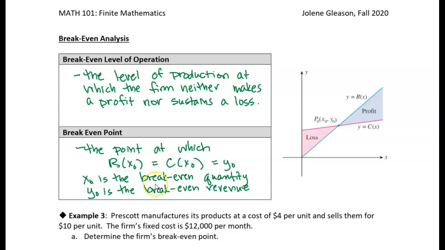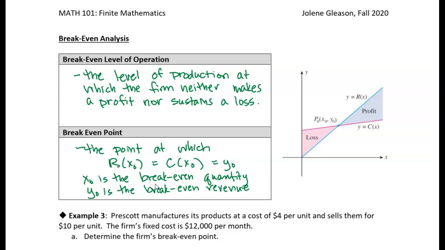So we're looking for the point where the revenue and the costs are equal to each other, and that point is called the break-even point. And the x value, which is the quantity, is the break-even quantity. The y value, which is the revenue, is the break-even revenue.